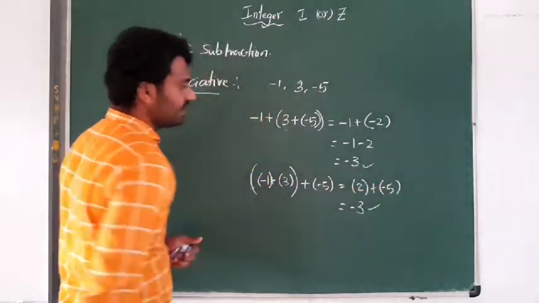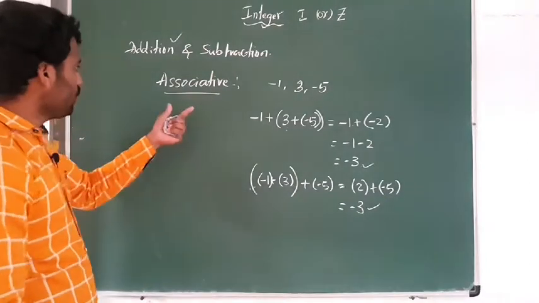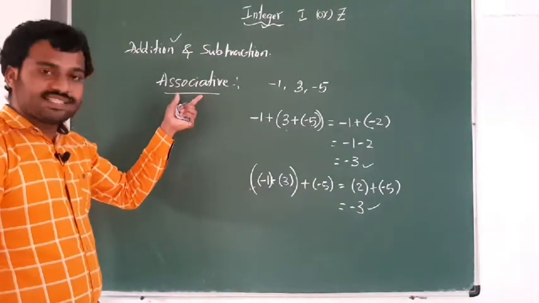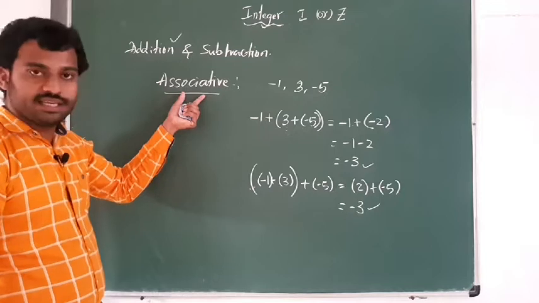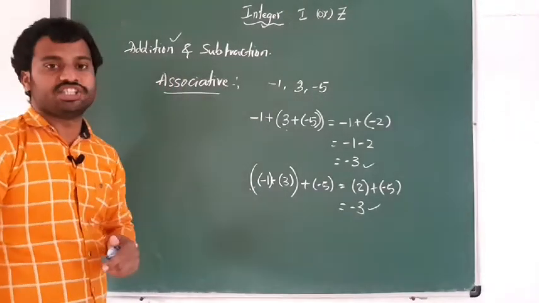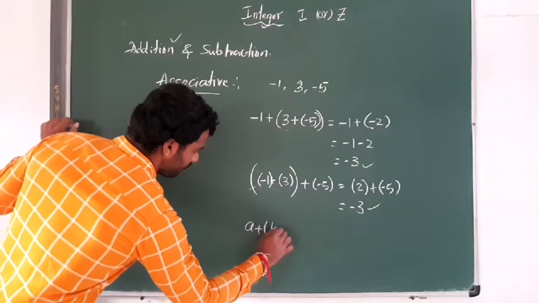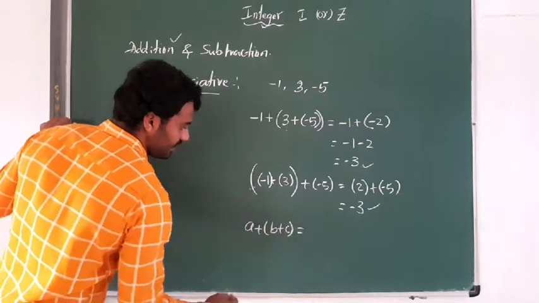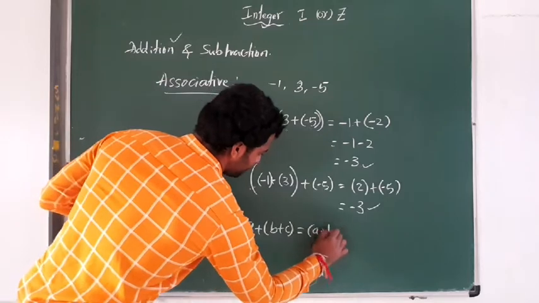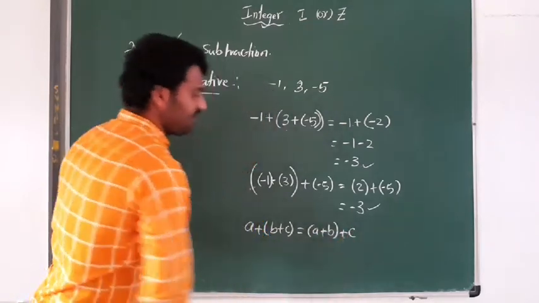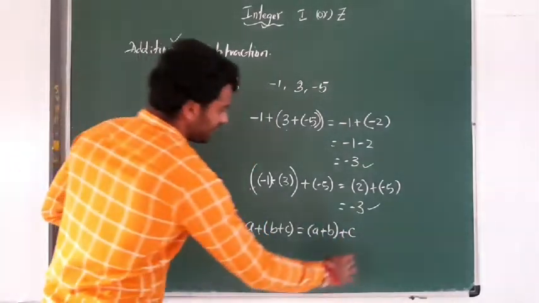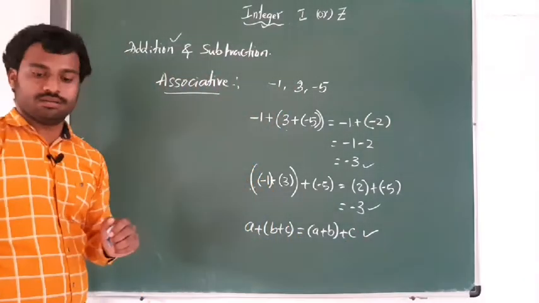So this one is satisfying this one. Then it says that associative property is satisfying under the addition. So what you can write? A plus of B plus C is equals to A plus B plus of C. It is satisfying under the addition.